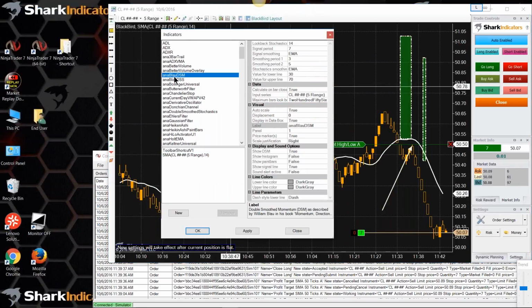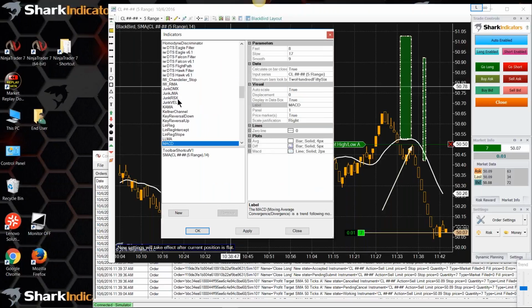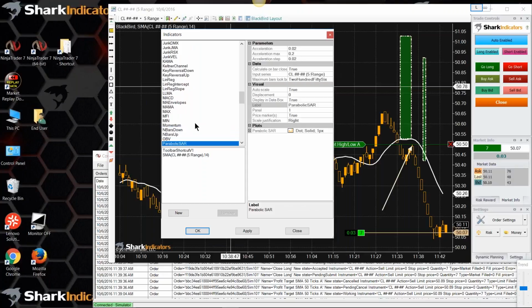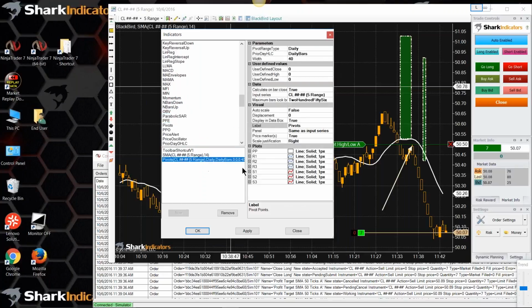I'm going to put some pivot type indicators on here. All right, yeah, I'll use Ninja's pivots indicator.